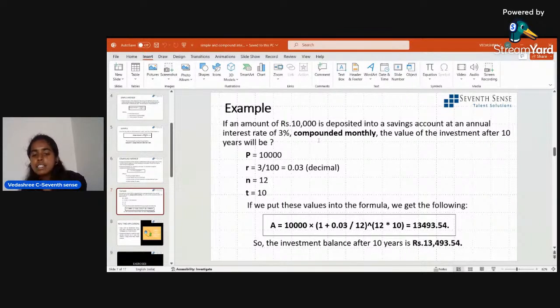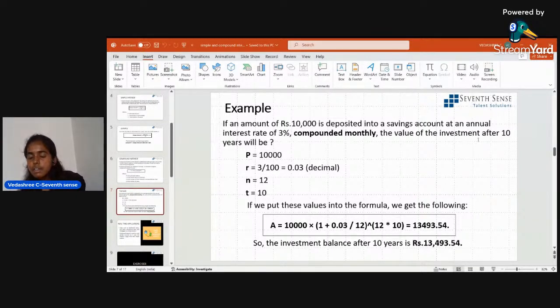Next, N is how many times the interest is compounded per year, right? Here it is compounded monthly, and in a year there are 12 months, so it is compounded every month. So we'll consider N as 12.